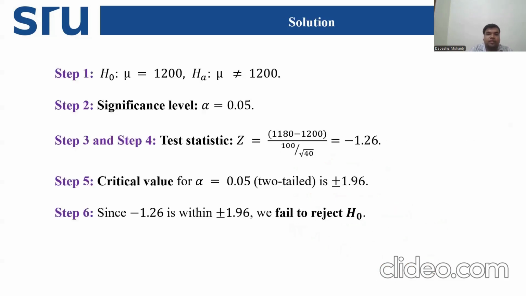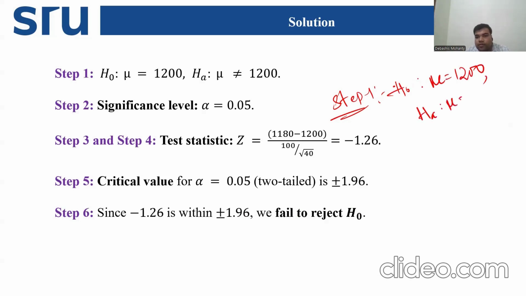Right? So here, students, step one is we have to choose the null hypothesis and alternative hypothesis. So here the null hypothesis is mu is equal to 1200. The alternative hypothesis is mu is not equal to 1200. So it is a two-tailed test. Already I told you, two-tailed test.